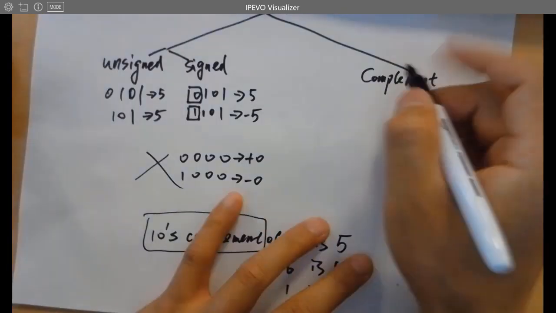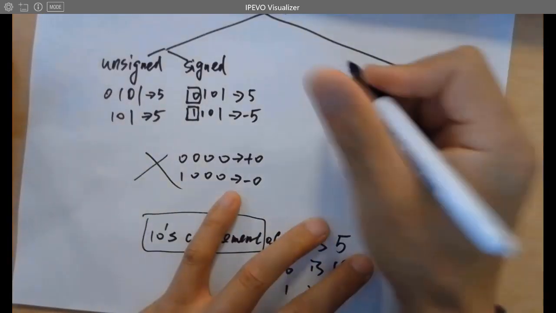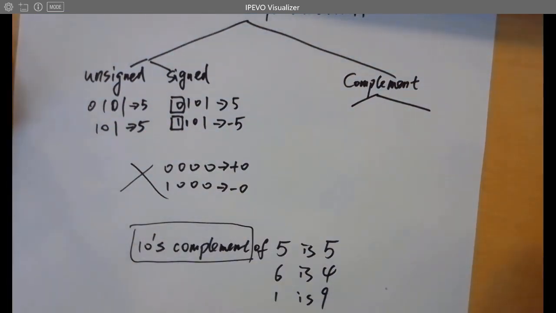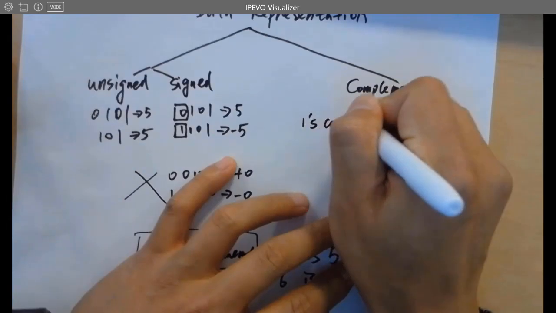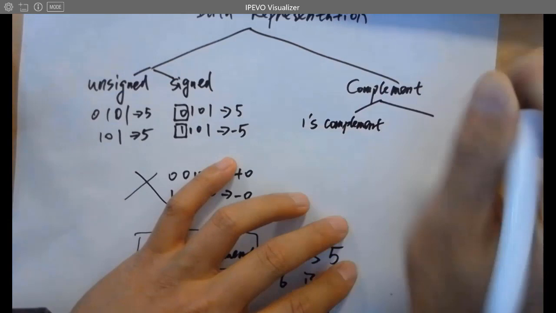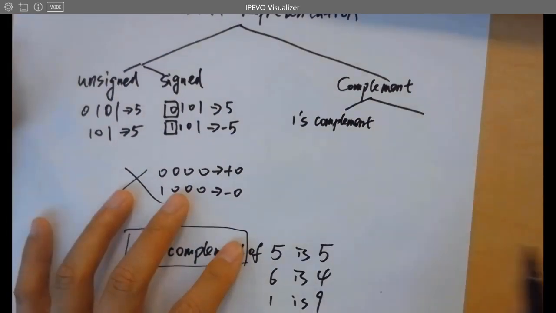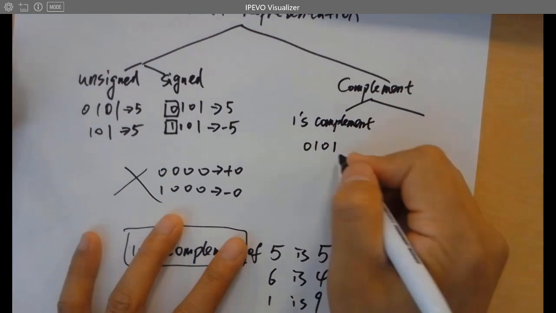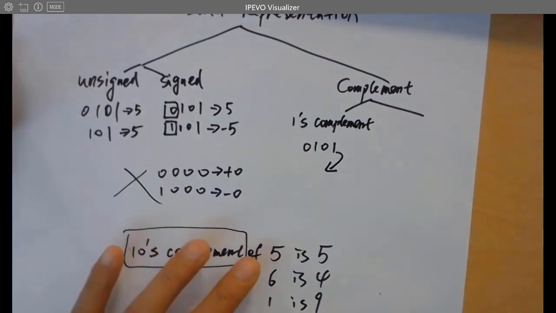So for complement, in the beginning people said, what about we take a binary number and invert every digit, and that number will be the negative version of that number? Will that work? This is called 1's complement. If you have 0101, what's the 1's complement of that number?